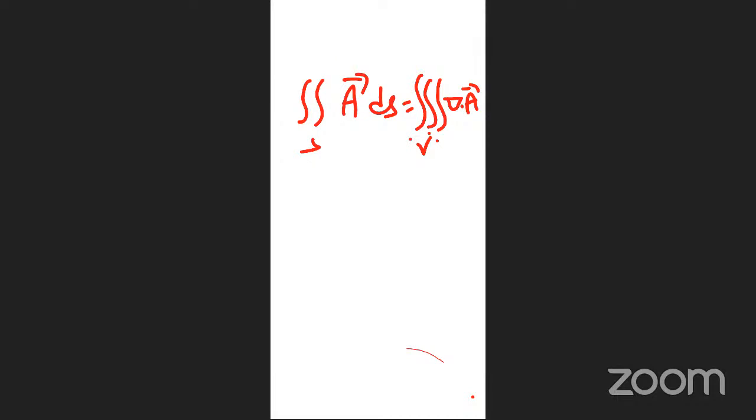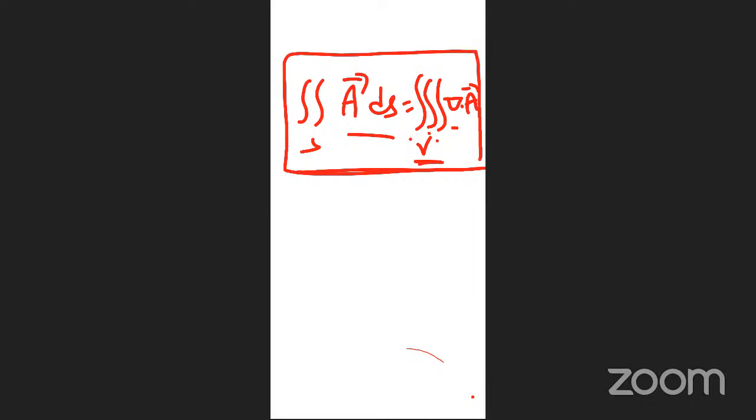Once again, the statement is: the surface integral of a vector along a closed surface is equal to the volume integration of the divergence of the vector along the closed volume. That is, the surface integral of A dot ds is equal to the volume integration of del dot A into dv.